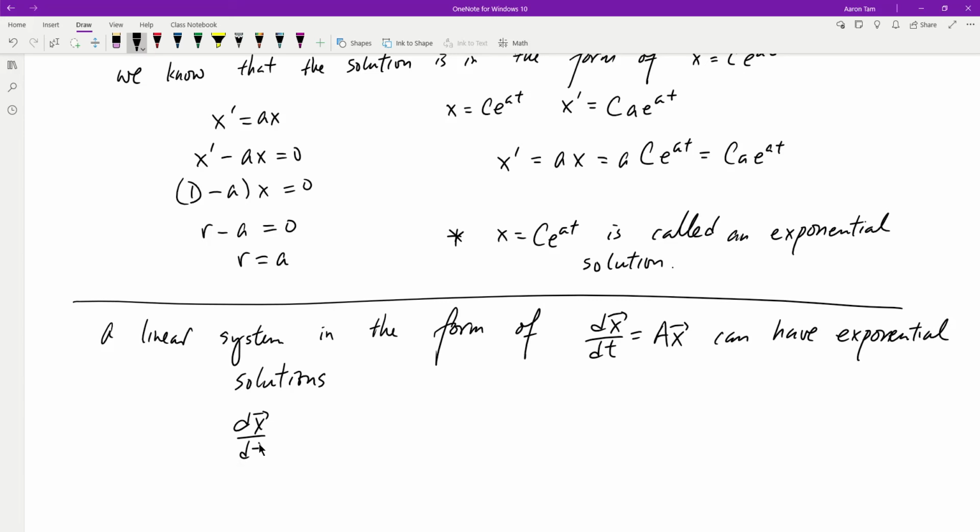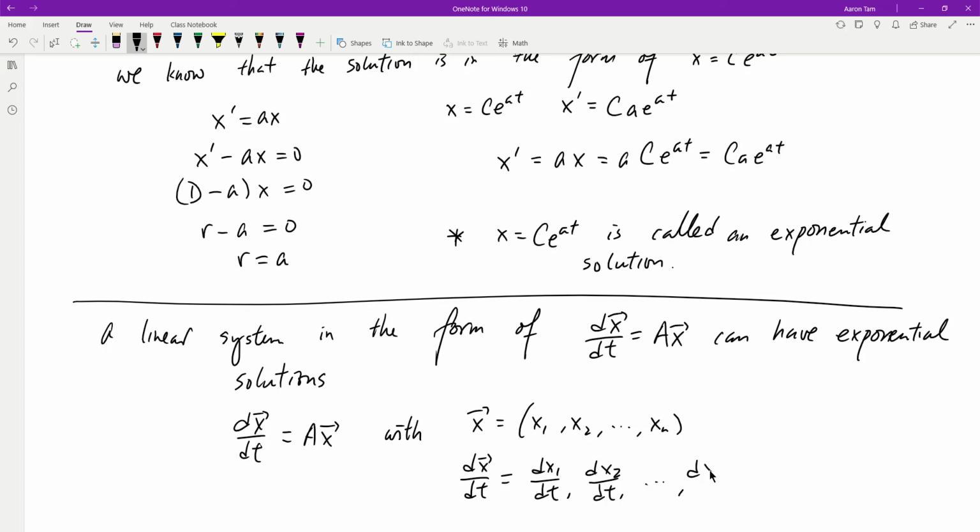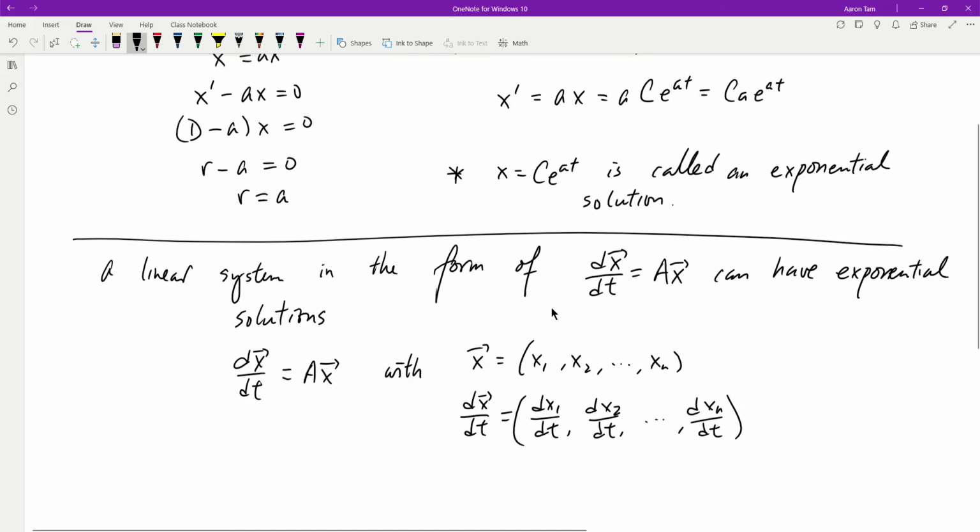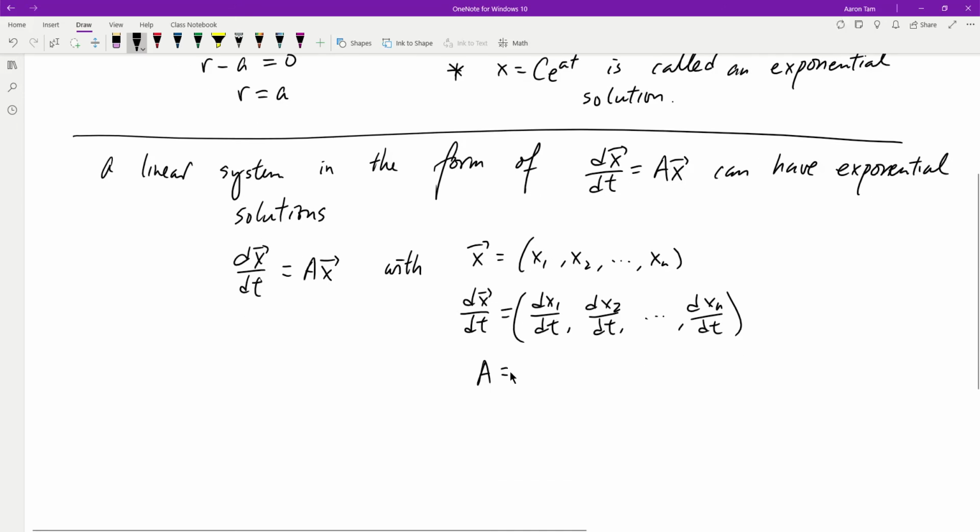Imagine the following. We have d vector x over dt equal to A vector x, with vector x being x1, x2, to xn, and d vector x over dt being dx1 over dt, dx2 over dt, to dxn over dt. Then, of course, we have our matrix A, which is our coefficient matrix. In this case, I'm going to leave the coefficient matrix as a constant matrix, so A is an n by n constant matrix. We don't want it to be any kind of function yet.